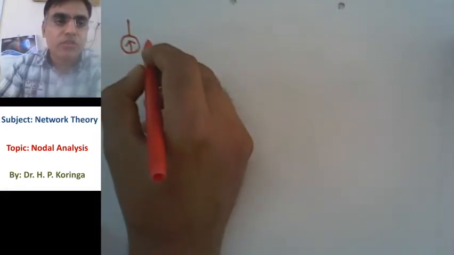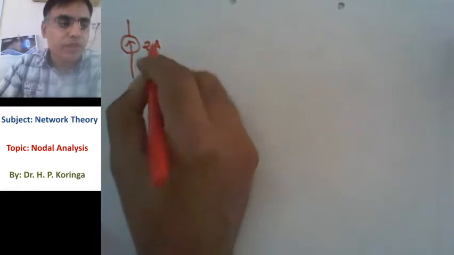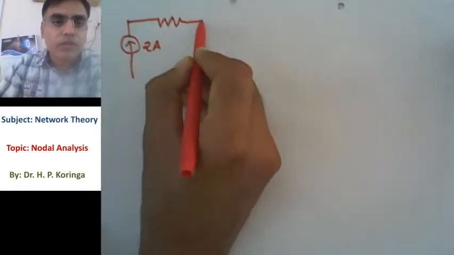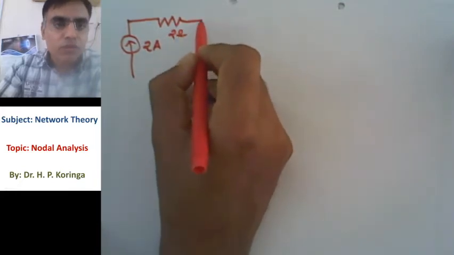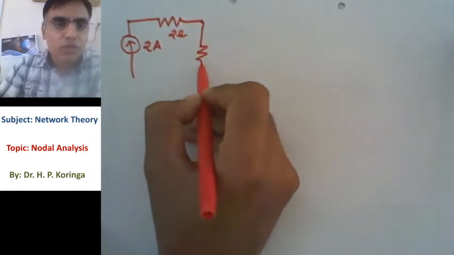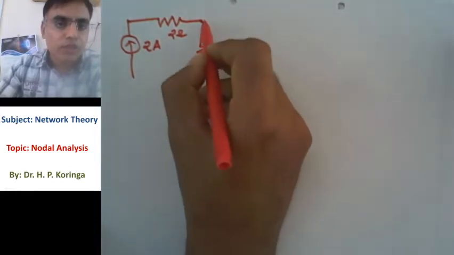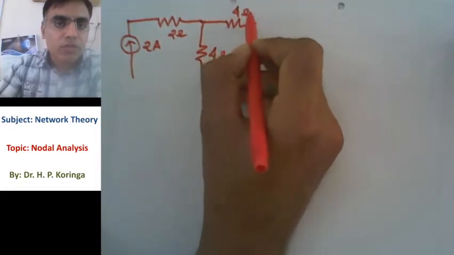So it is a resistive independent source network. This one current source value is 2 ampere, with a resistance of 2 ohm and a 4 ohm resistance.